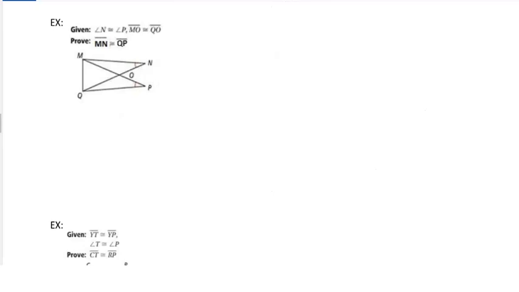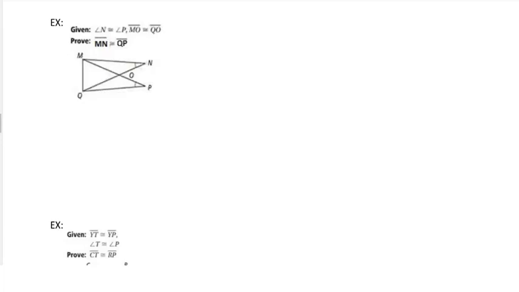So now it gets a little tricky. Let's say we are looking at this. We have to figure out what two triangles we're going to work with. We have this triangle and this triangle, or we have that triangle and that triangle.